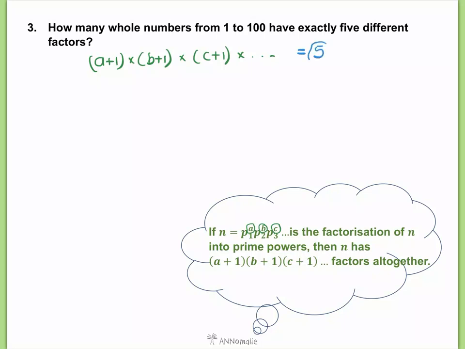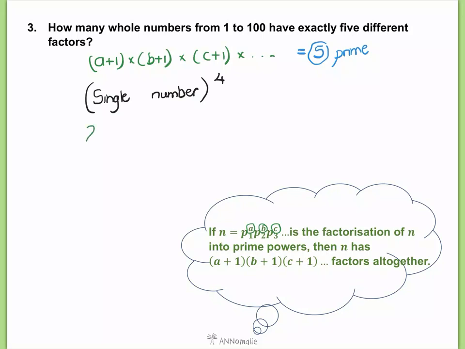But 5 is prime, so it's only divisible by 5 and itself. That means we're looking at a single prime to the power of 4. And that's the only way that we can say that the number has 5 different factors.